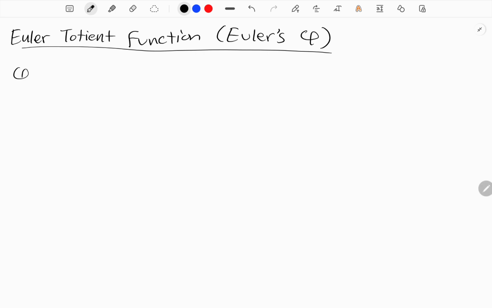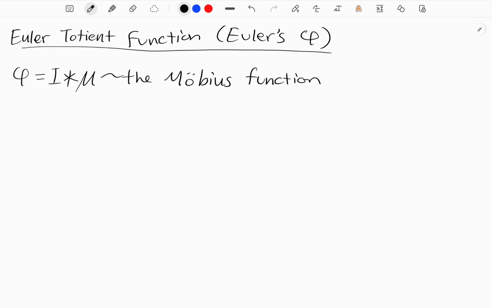So we know phi is multiplicative because phi is equal to the identity convolution with mu, and mu here is the Mobius function, which is multiplicative. I will not be going over what that is, but because we have the convolution between two multiplicative functions, phi is multiplicative.